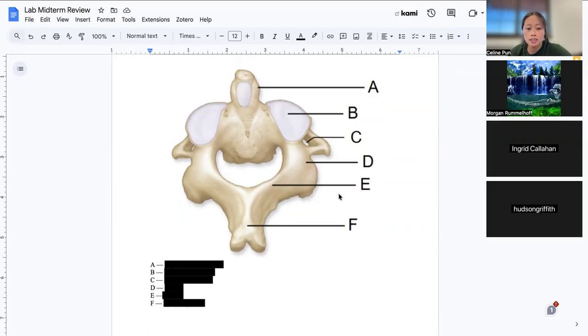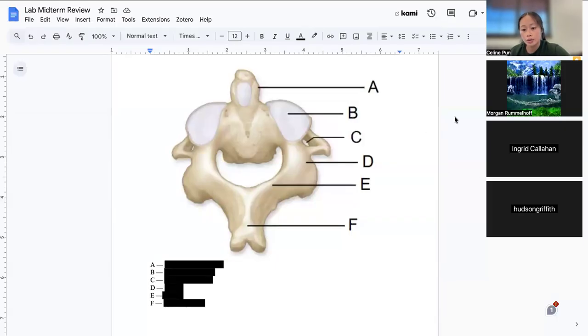Because as we can see, this is part of your spine. You could also just go with the letters one at a time. So for A, does anyone know it?